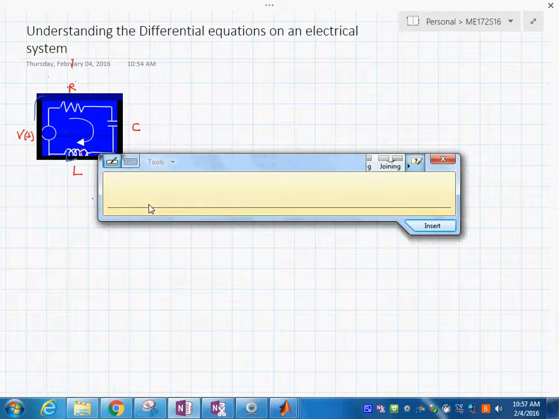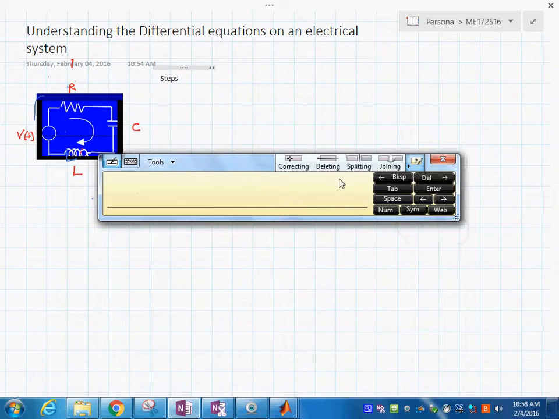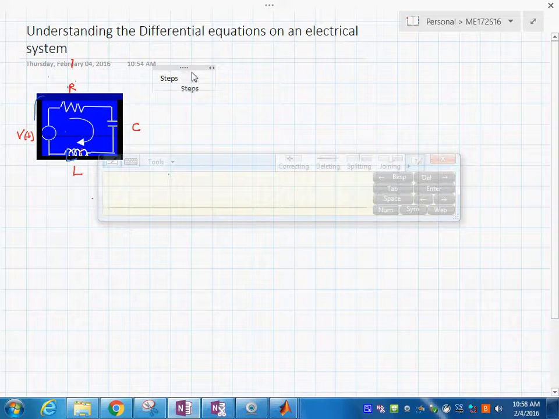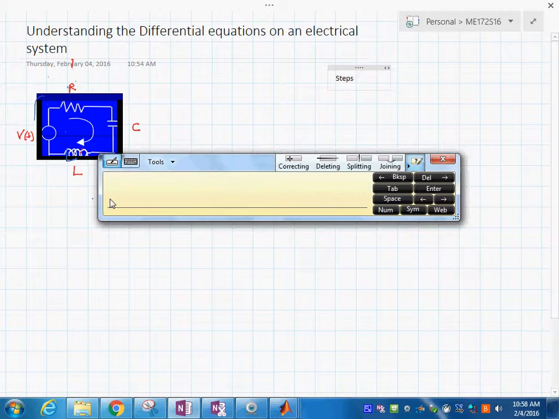So let's put the title Steps on the right hand side over here.